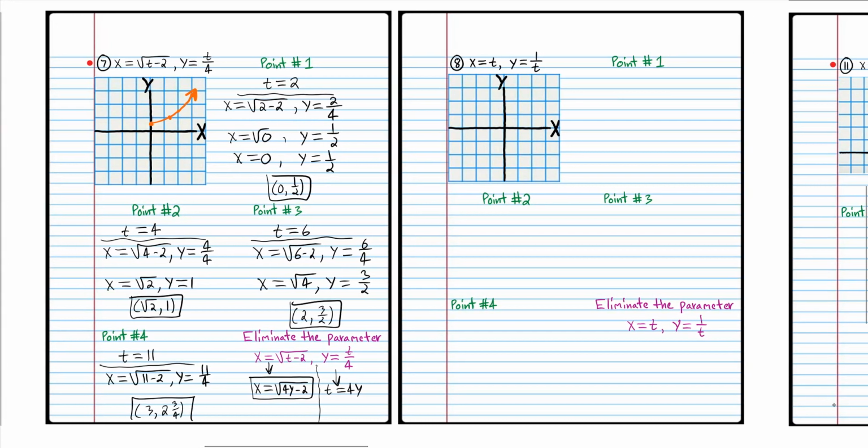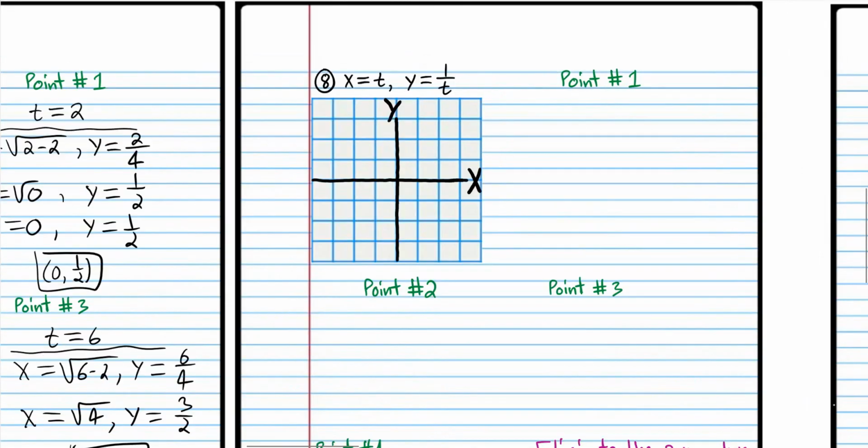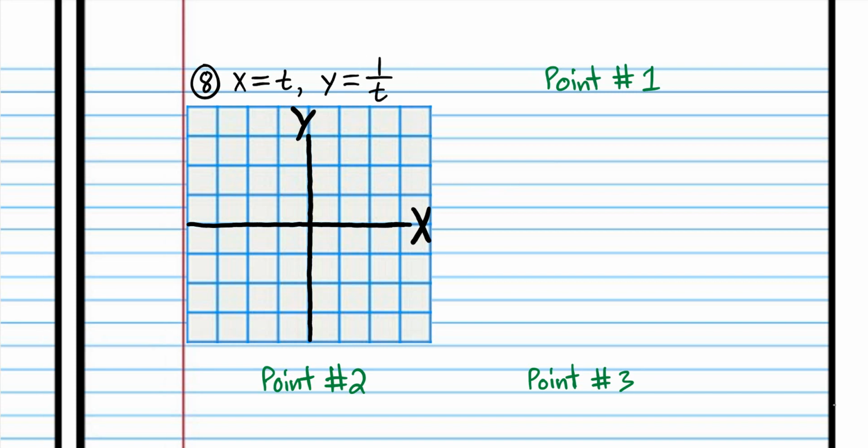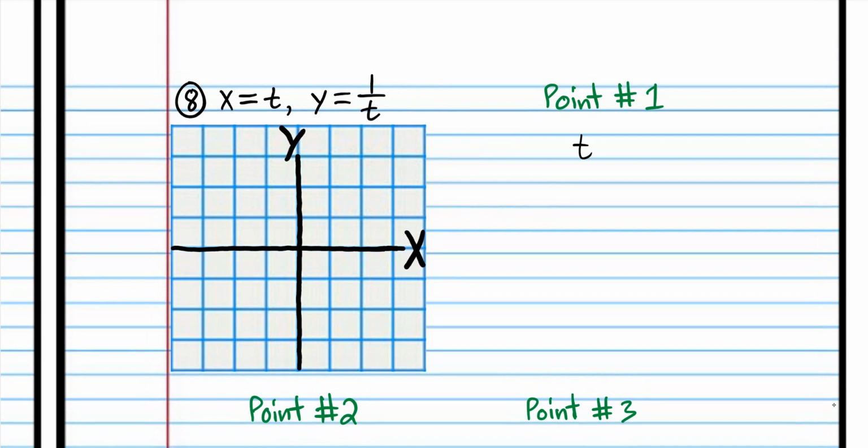Okay, so let's try another one here. So this is another example where t is going to be limited. Why is it limited? Well, because t cannot be 0. Then y is going to be undefined. So we can't choose 0, but we can choose 1.